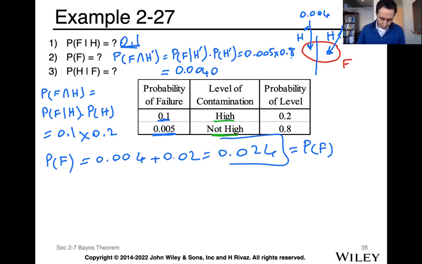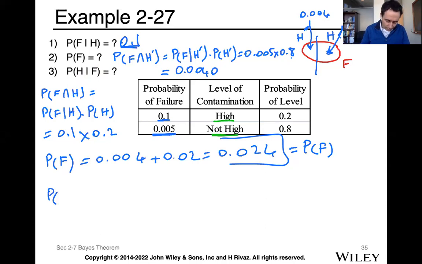Now we want to answer question 3. What's probability of high contamination given failure, right? So basically the question tells me that we have a part that we know has failed. What's the probability that that part has a high contamination? For this, we have to use the Bayes theorem.